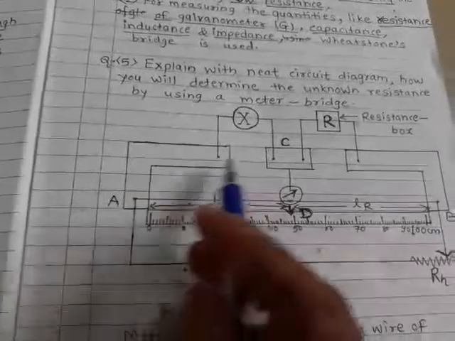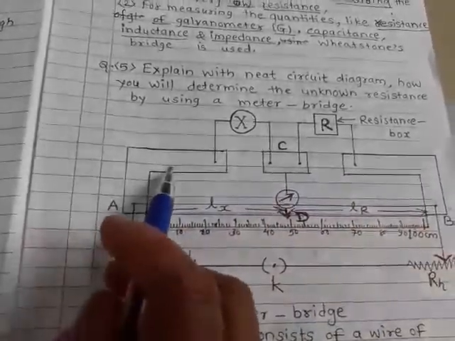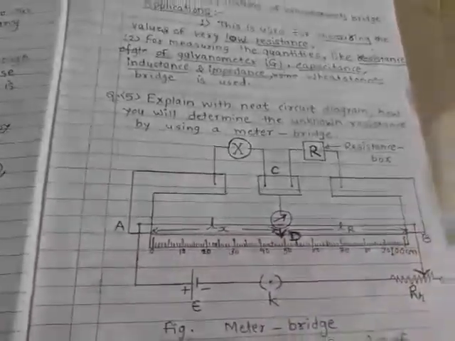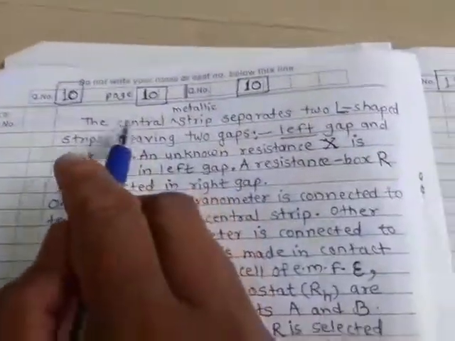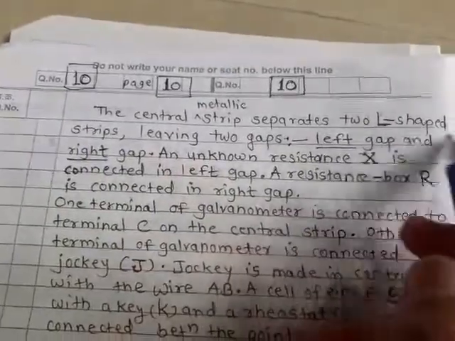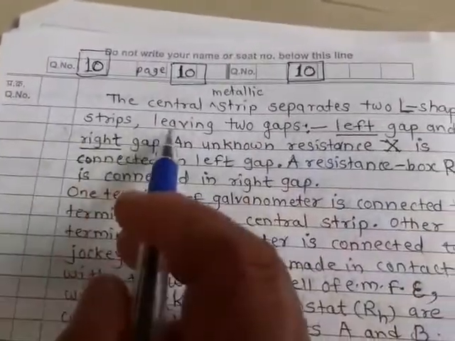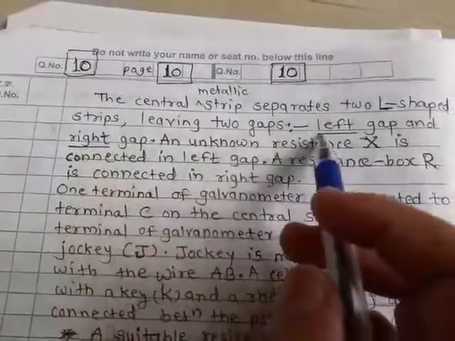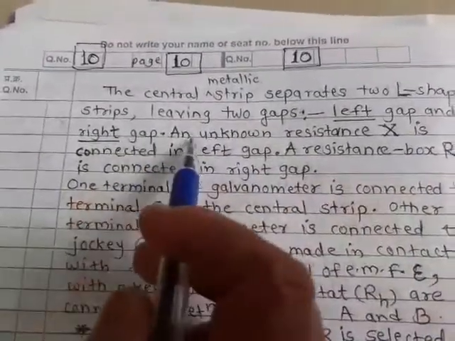These are the metallic strips, two L-shaped metallic strips. The central metallic strip separates two L-shaped strips, leaving two gaps, left gap and right gap.